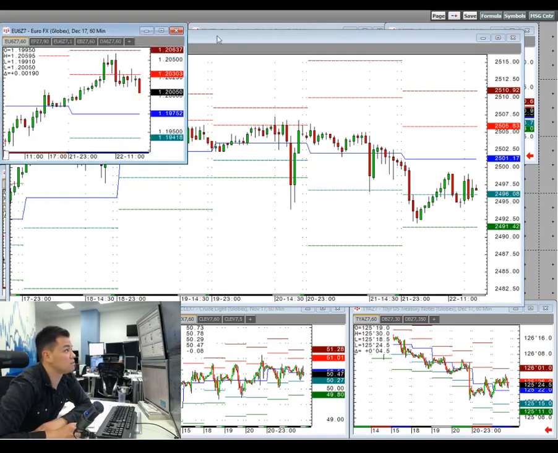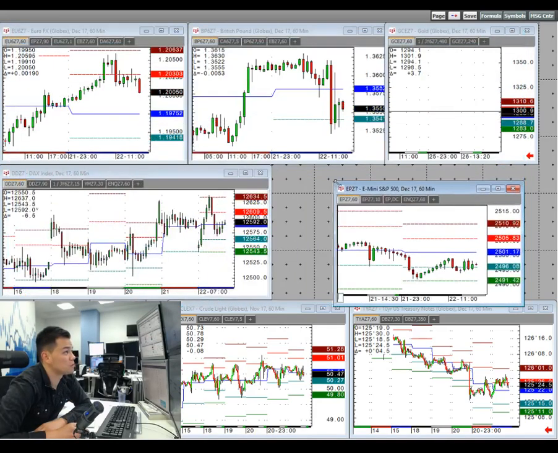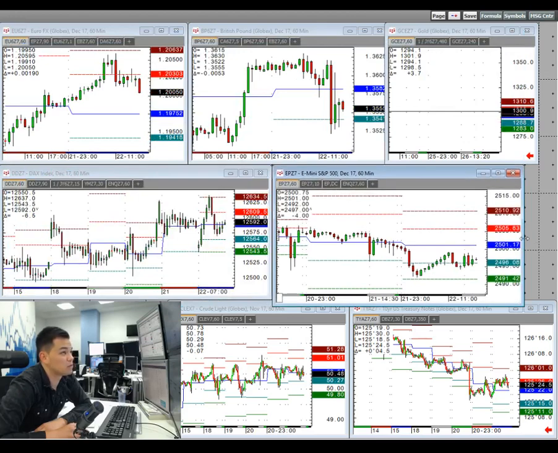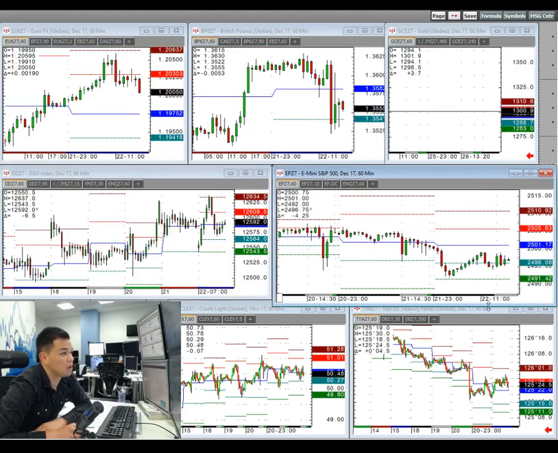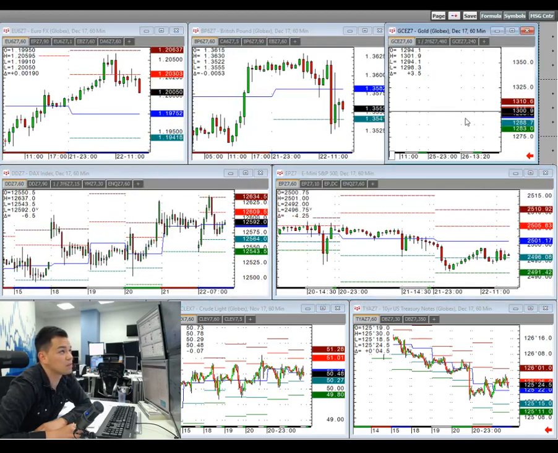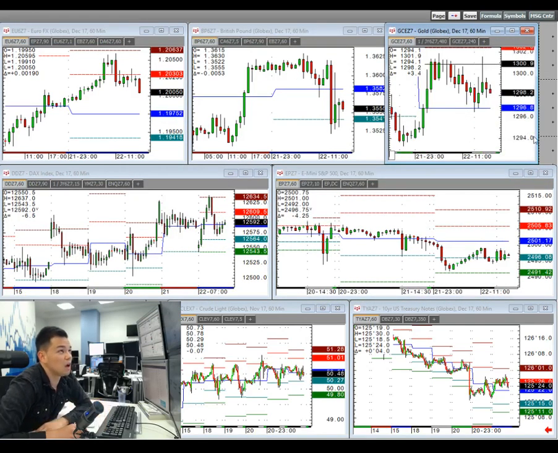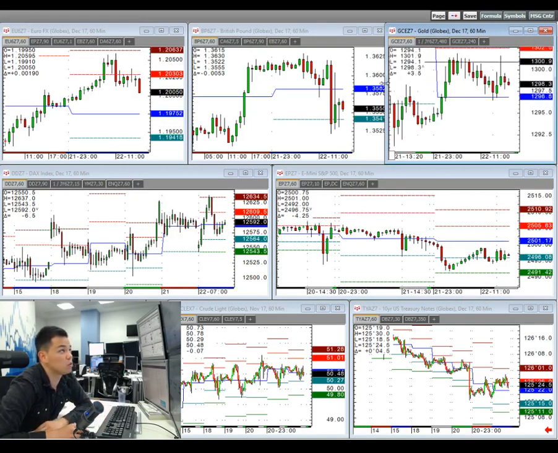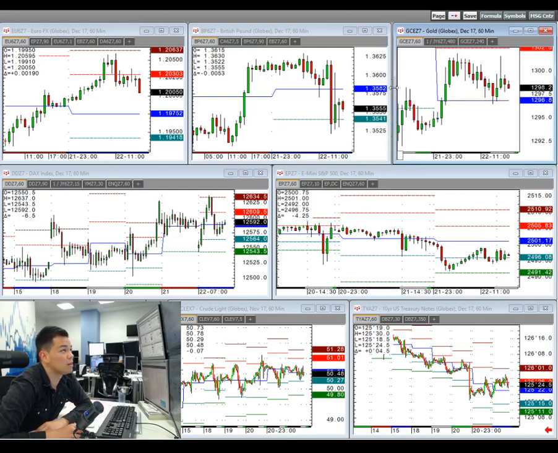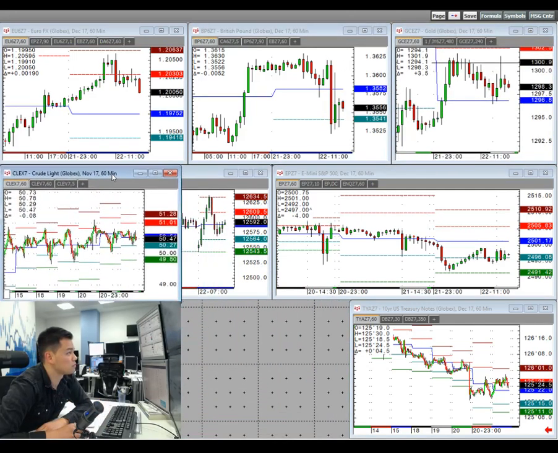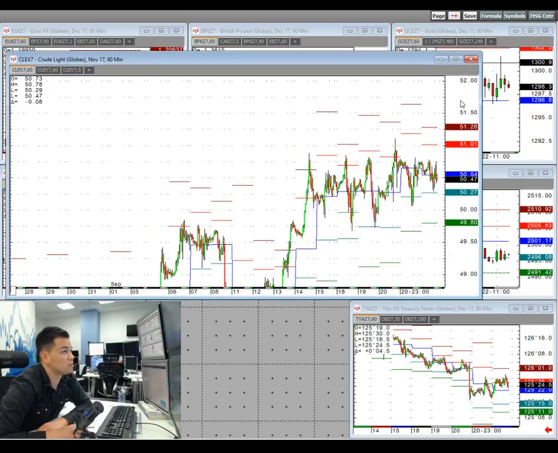And then if we have a look at oil, as you remember, last week oil was trending higher following different comments from different OPEC members saying that they are in talks to extend the cuts for 3 to 9 months after March 2018. So that's supportive of the price of oil. That's what we saw last week.